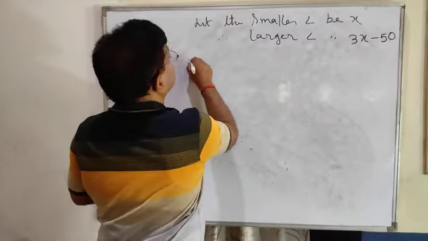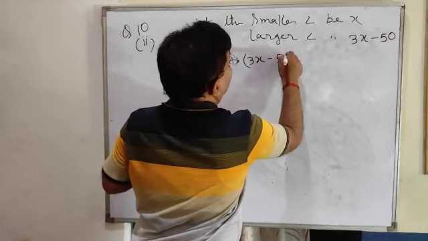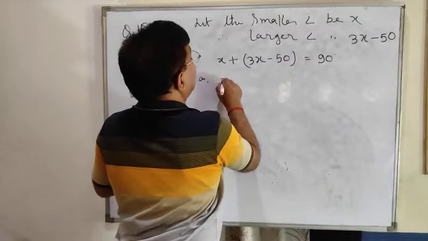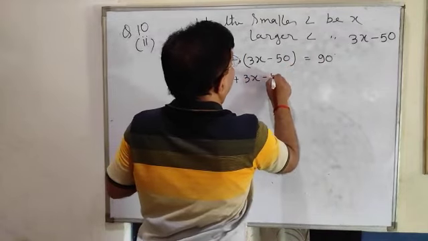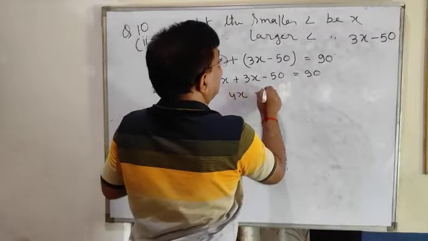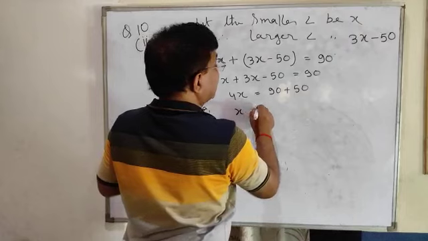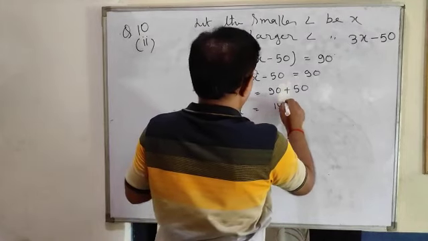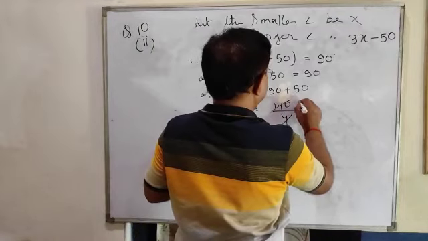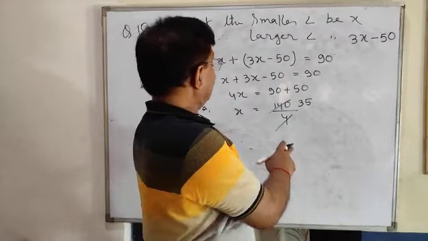Now, therefore, x plus 3x minus 50 should be equal to 90 degrees, or 4x is equal to 90 plus 50, or x is equal to 90 and 50, 140, divided by 4. 4 3s are 12, and 4 5s are 20, means 35.